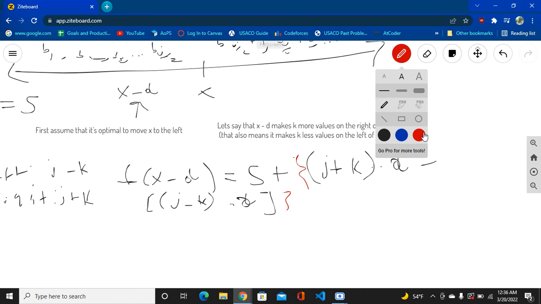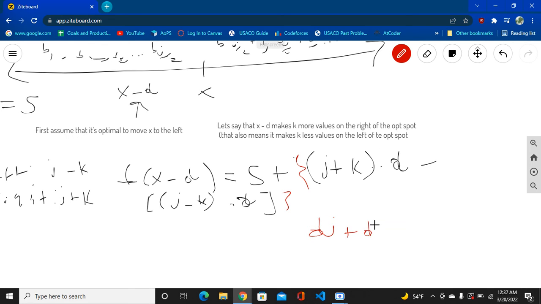If we expand this out, we get dj plus dk, right? And then minus the quantity minus dj, and then plus dk. So we get s plus 2dk.